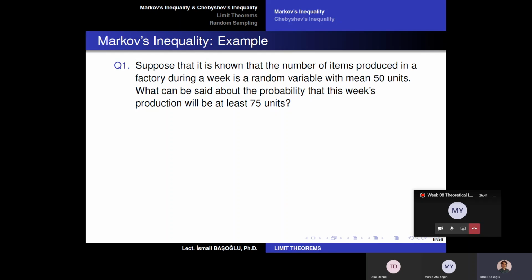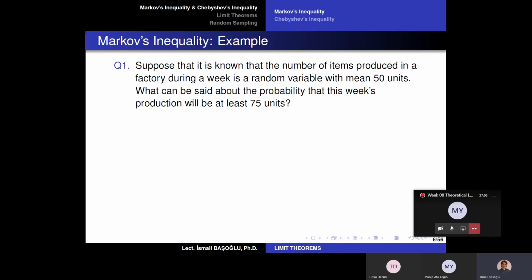Not every week we are able to manufacture 50 units, but what we know is, on average, we can manufacture 50 units per week. So we only know the average value. We only know the expectation right now. Nobody is telling us anything about the distribution of the number of units manufactured. Okay, so we do not have any information about that.